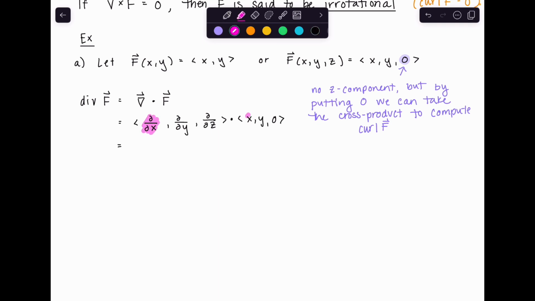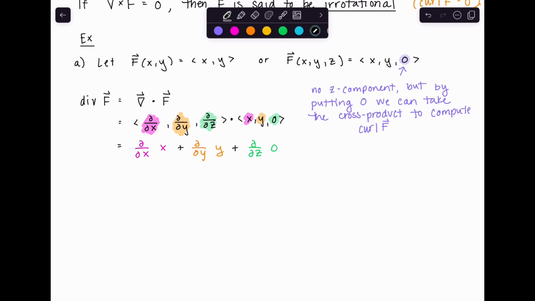first component would be the partial with respect to x of x. And then I add to that the second partial with respect to y of y. And then the third, so partial with respect to z of nothing.